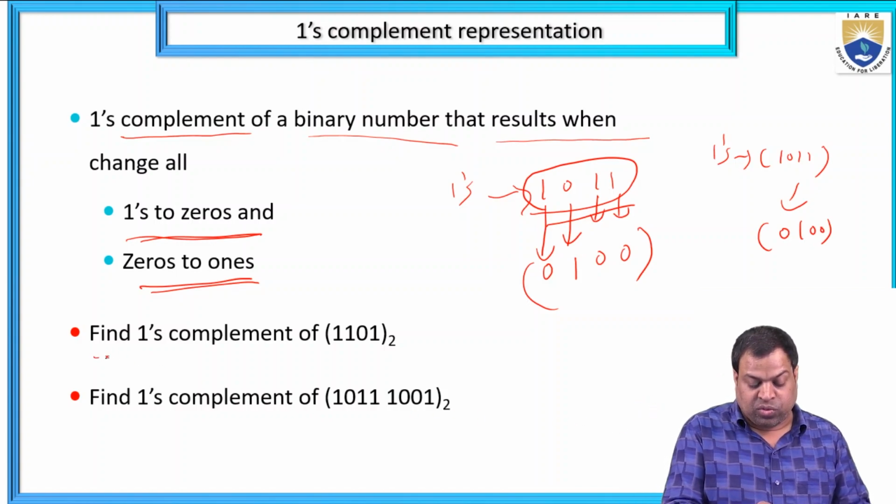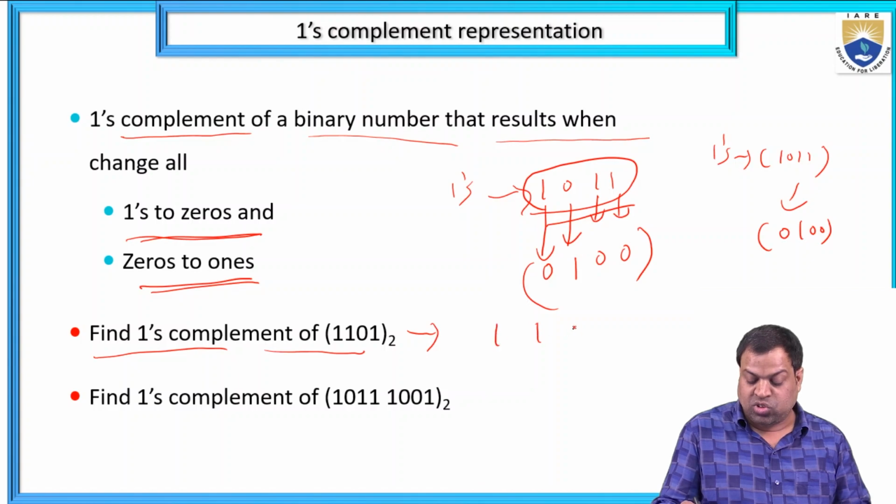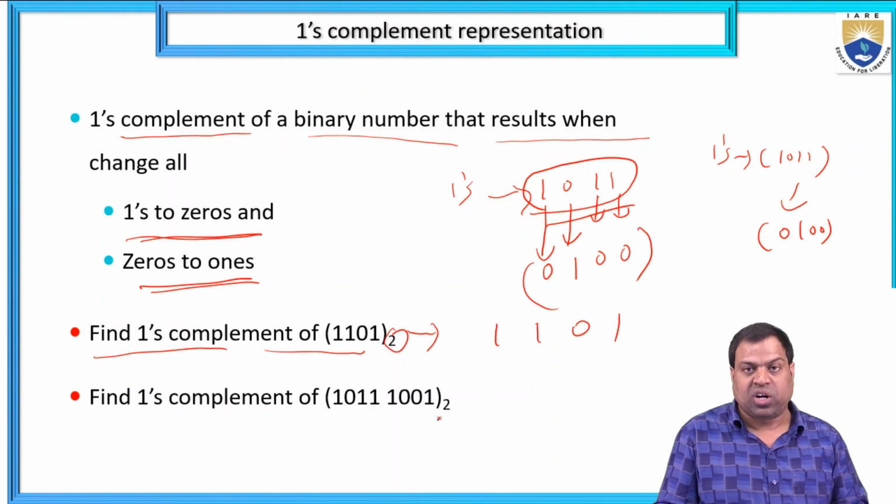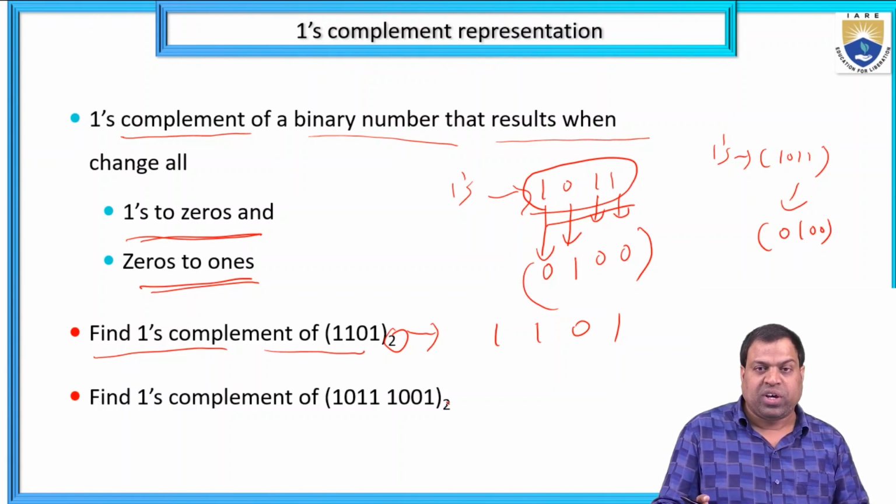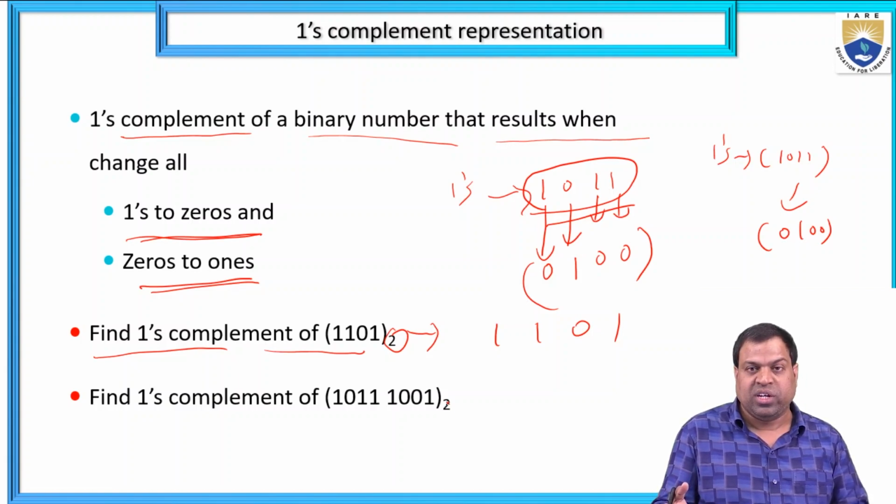Find the 1's complement of 1101 base 2. Base 2 means it is a binary number. 1's complement is used only for binary numbers. If it is another number system, it is not possible directly; we have to convert that number system to binary, and only then perform the complement.